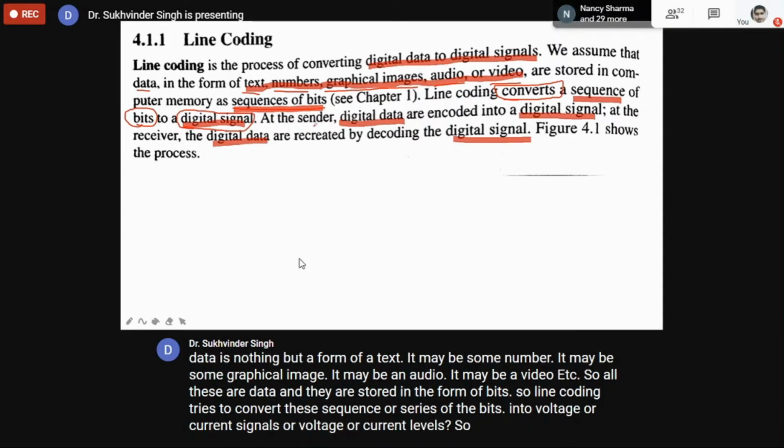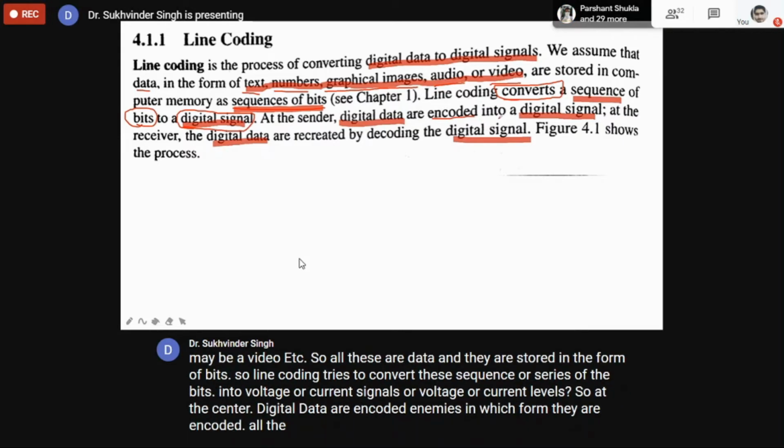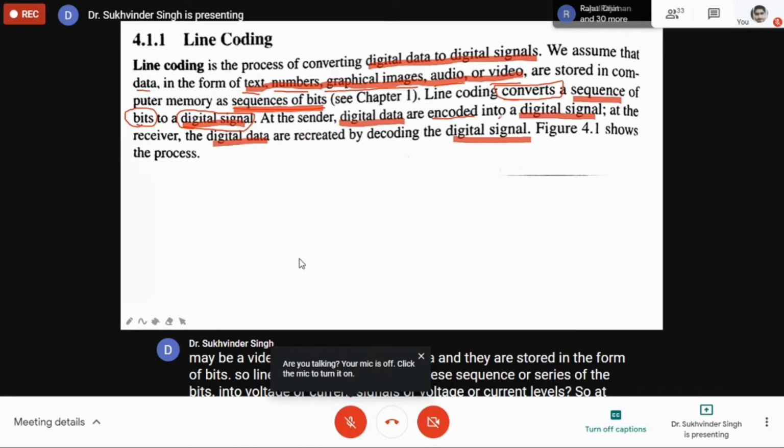So at the sender, digital data are encoded, and in which form? All the zeros and ones streams are encoded in square wave pulses, high pulses or low pulses.